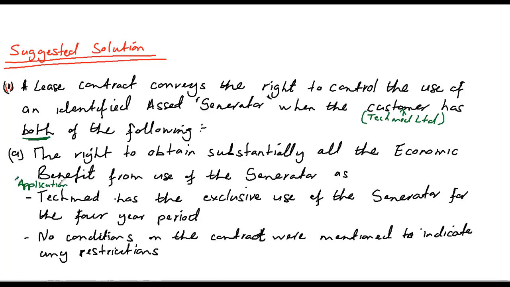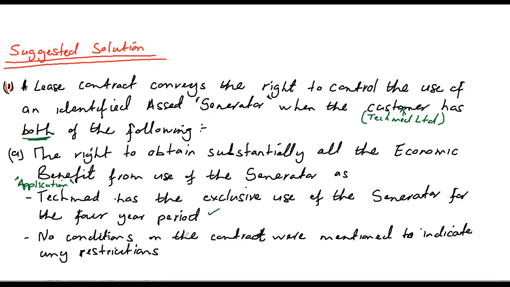So you're applying from the scenario, right? TechMate has the exclusive use of the generator for the 4-year period. All right, it's got that, which is true, so you get a mark for that. No conditions on the contracts were mentioned to indicate any restrictions, which is true, because nothing else was given.